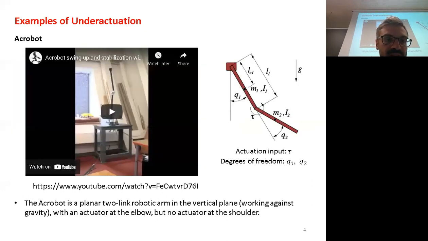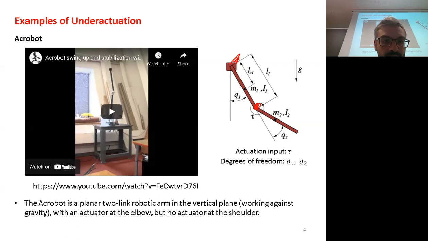While another example of underactuation is the Acrobot, which is a two-link robotic arm located in a vertical plane, and it has an actuation only at the elbow, but no actuation on the shoulder.